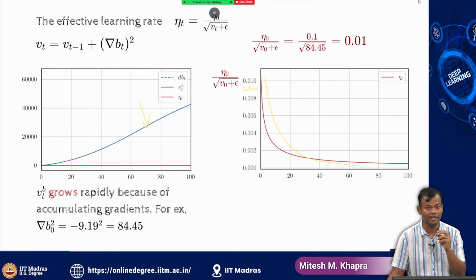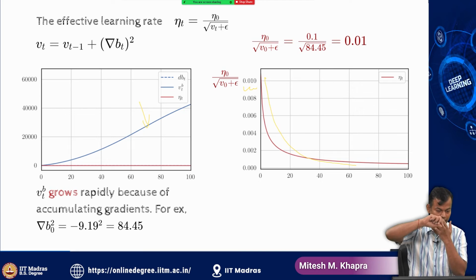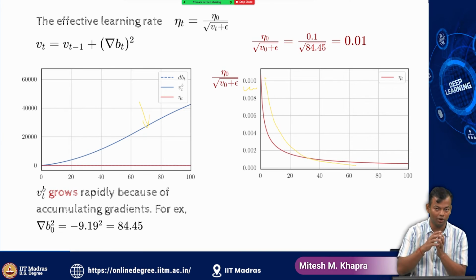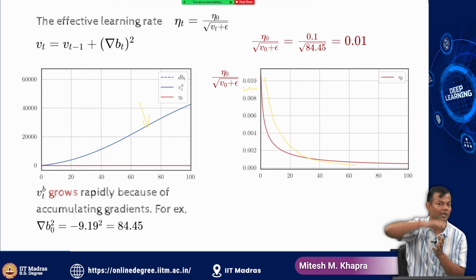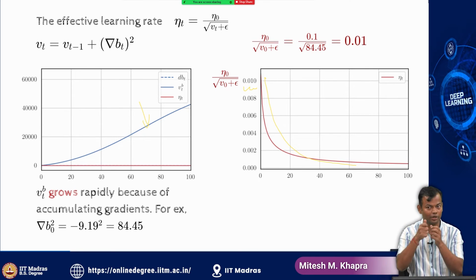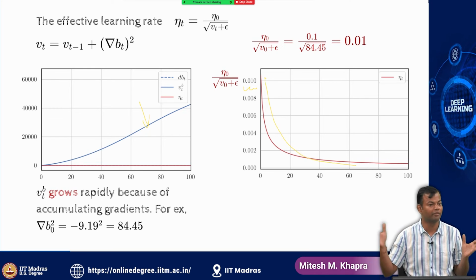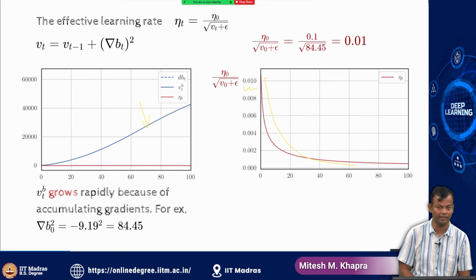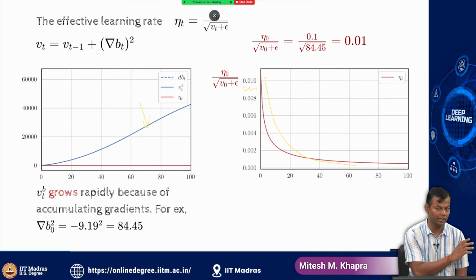And that's why these gradients are also getting accumulated very quickly. It's already 84, this history, right? The blue curve that you see already starts off at 84 and it keeps growing from there on, right? That's why it reaches very high digits, 5-digit numbers, and that's why your learning rate gets killed off aggressively, right? Because your denominator has now become the square root of a 5-digit number. Okay, and that's again in line with the intuition that we had, right?